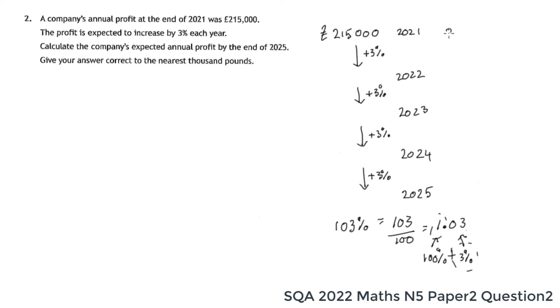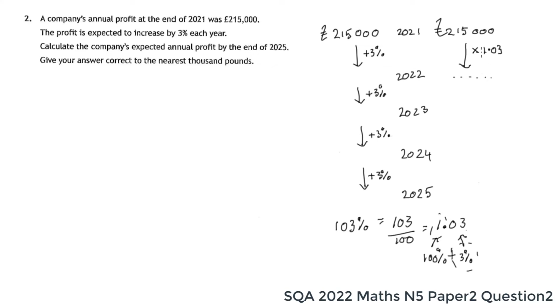So when we start out with 215,000, and this time we multiply by 1.03, we'll be ending up with the correct sum of money for 2022.